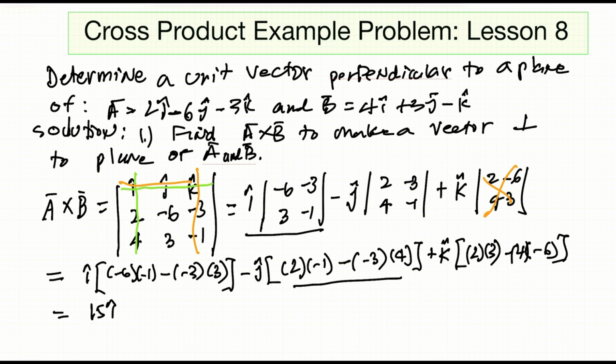We got a minus sign there, so that's a minus 10j. And then we're going to do plus 6, and then that is minus times a minus, that's 24. Plus 6, that's 30, and that is a plus 30k. So that is going to be our cross product. So that's the first step in our solution because we needed the vector that's perpendicular to the plane.